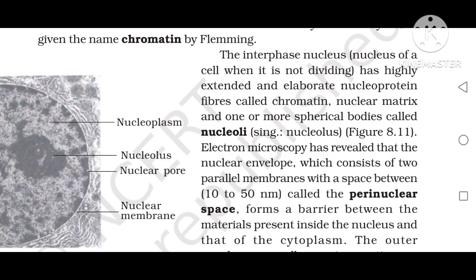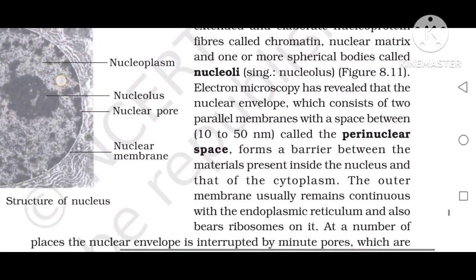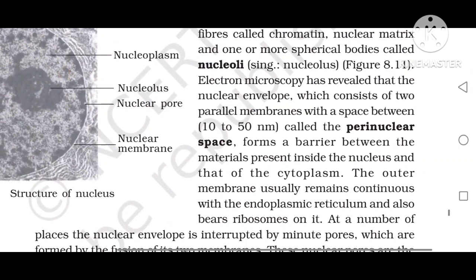Figure 8.11. Electron microscopy has revealed that the nuclear envelope, which consists of two parallel membranes with a space between 10 to 50 nanometers, called the perinuclear space, forms a barrier between the material present inside the nucleus and that of the cytoplasm.